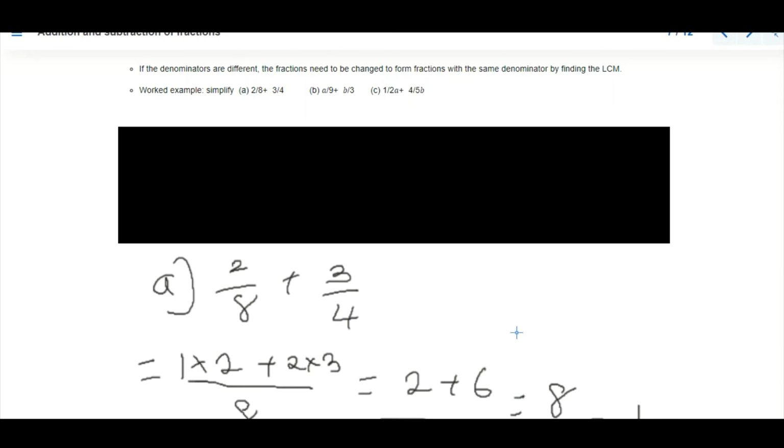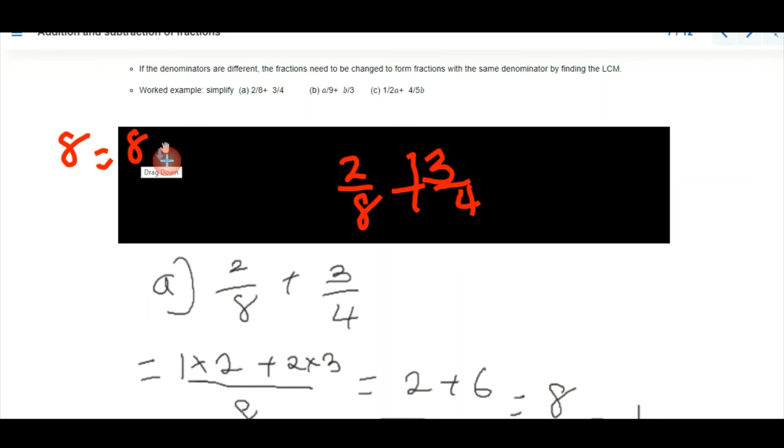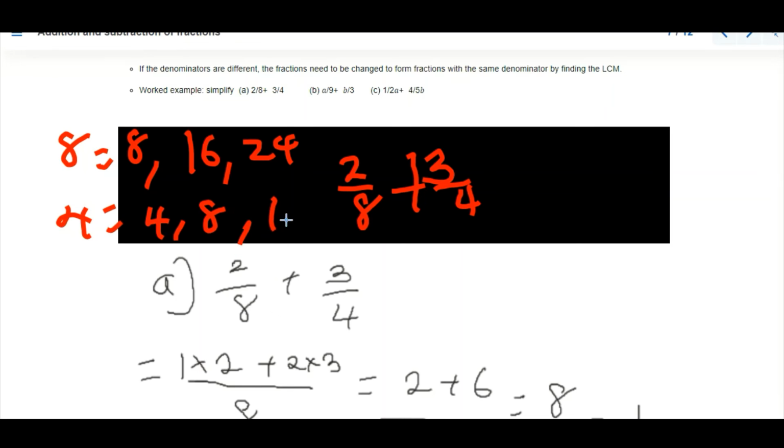We have 2 over 8 plus 3 over 4. What are the multiples of 8? We have 8, 16, 24, and so on. Now, multiples of 4 are 4, 8, 16. So if you look at it, the lowest common multiple is 8.